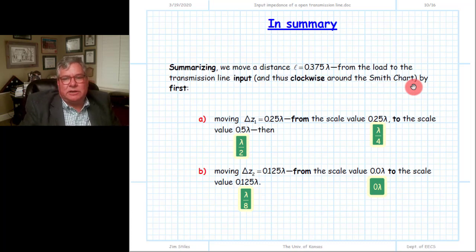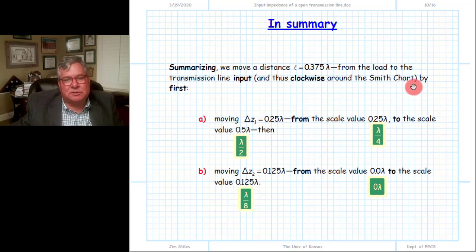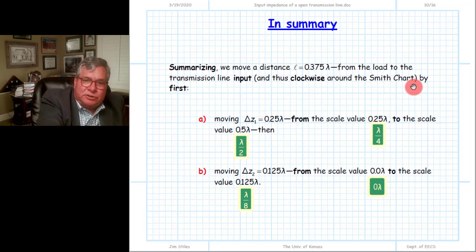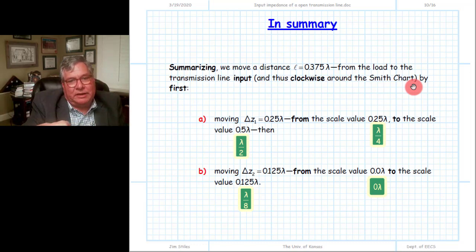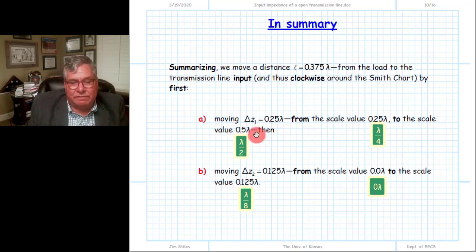So just to summarize here, we began at the end of the line where the load is, and we're trying to move back up the transmission line a distance of 3/8 of one wavelength. And to do that, what we did was first move up the line a quarter wavelength, which brought us from an index of 0.25 to an index of 0.5. They start at 0.25 and we get to 0.5 when we move a distance of 0.25 lambda. We stop at that point because 0.5 lambda is the highest value of that outer scale.